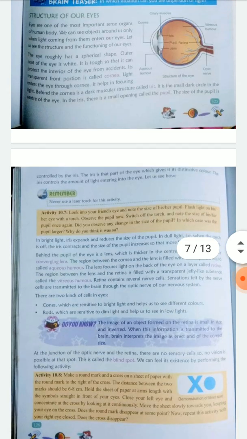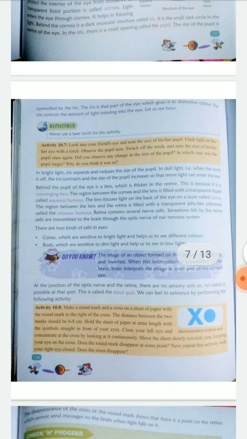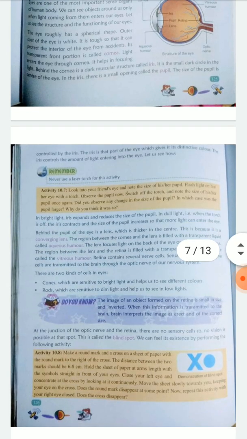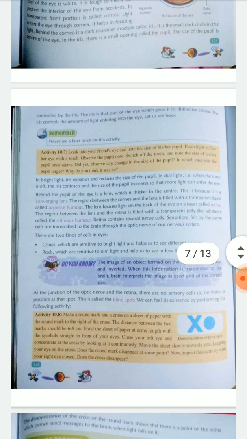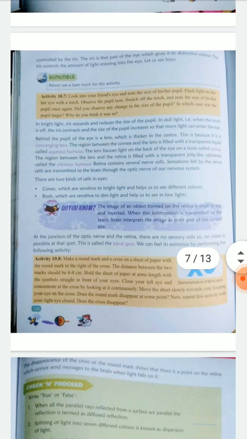Let us see how. There is a remember point given: never use a laser light or torch for this activity. Before starting activity 10.7, you should know that the eye is a very important structure. You should take care of this. Look into your friend's eye and note the size of his pupil.